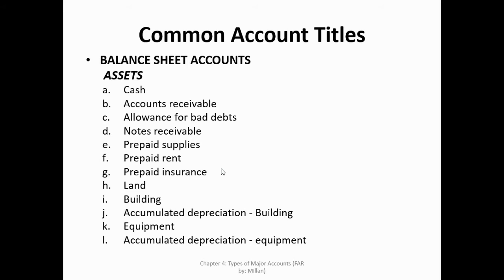So, pag accumulated depreciation equipment naman, yun yung total na ibinaba na ng value ng equipment mula nung binili mo siya. So, collectively, pag pinagsama-sama mo si land, si building, and equipment, tinatawag siya na property, plant, and equipment or capital assets or fixed assets.